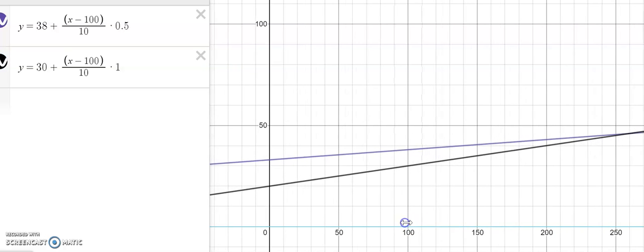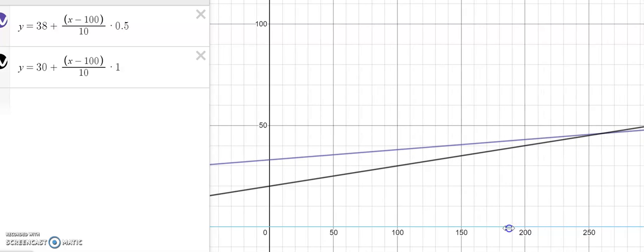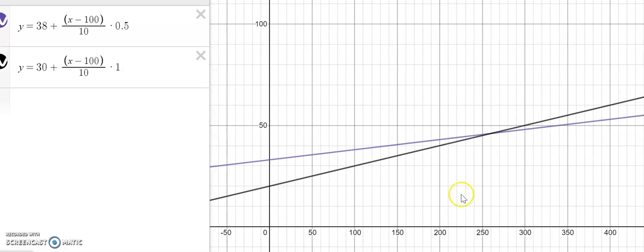So if I drag my graph and get more of the x-axis visible, I can now see that they do in fact meet at this nice point here, 260 and 46. Now what does that mean? We've got to remember the 260 is my x value, and that x value represents a distance.